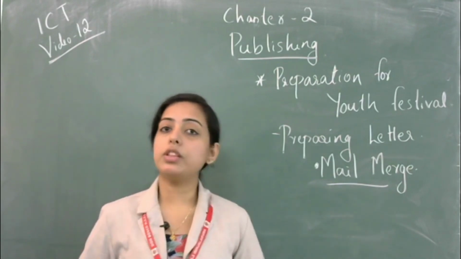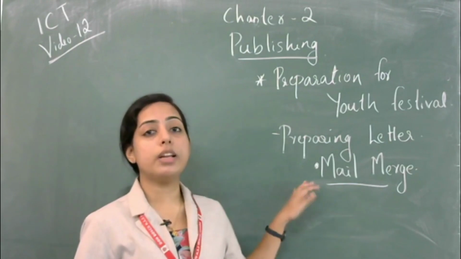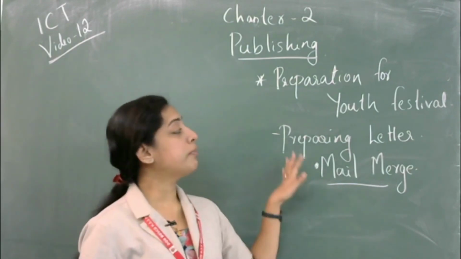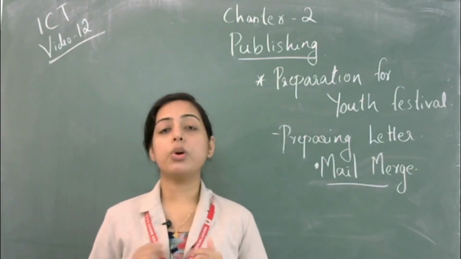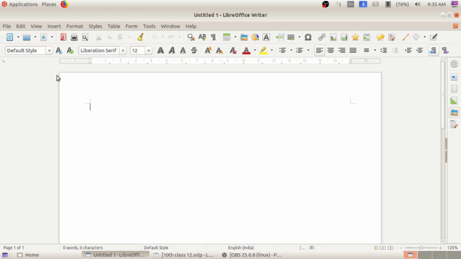So let's start with the first activity, preparation of youth festival. In that, you are going to learn about the first topic, how we can prepare a welcome letter to your parents, and also you will learn about the speciality of mail merge. Okay. So the first thing is to prepare the letter for the parents.